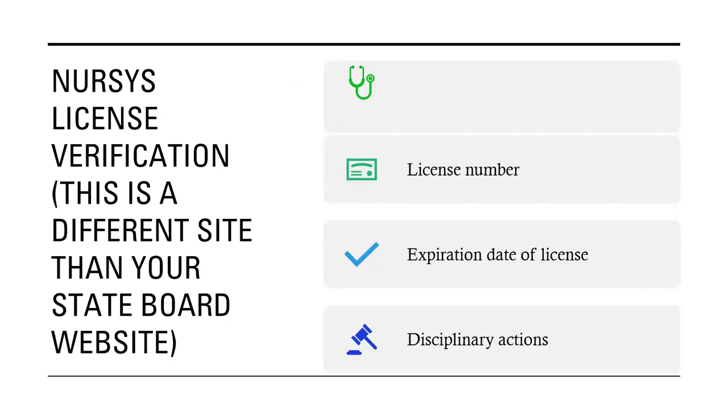This database has a nurse's license verification, and it's a different site than your state board. They go into this database to see if the nurse is licensed and see what that license number is, has it expired, and to see if there are any disciplinary actions listed there.